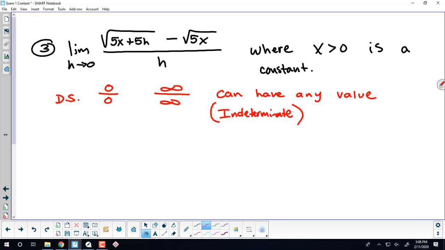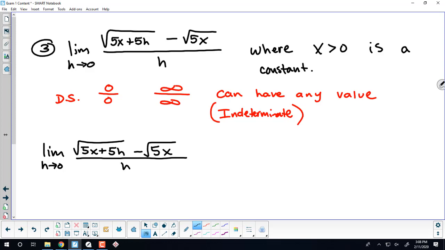So what was the deal with when we had radicals involved? Yeah, you want to use the conjugate. So we're going to conjugate the numerator, multiply that result on top and bottom. So we're going to look at this as the limit. What's the conjugate of the numerator? Yeah, the positive sign changes. So let me do this.